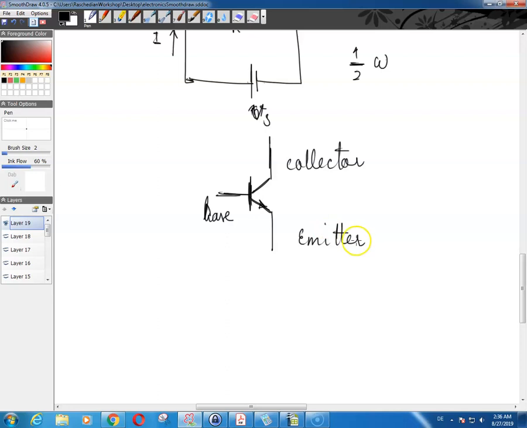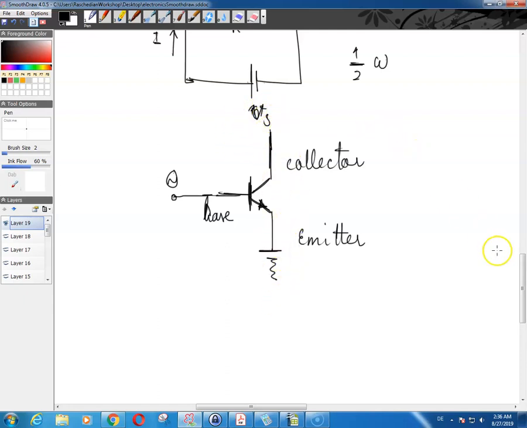Now usually what happens, in transistors, is that the emitter goes to ground, and the base goes to some signal coming in here, and some voltage coming in here.